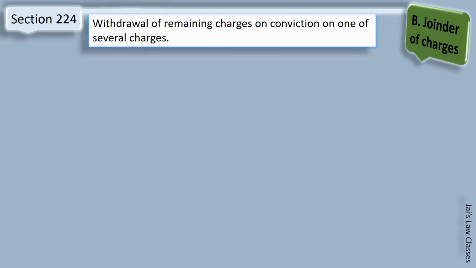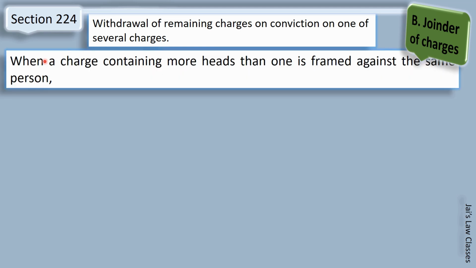Section 224. Withdrawal of remaining charges on conviction on one of several charges. Section 224 informs us when a charge containing more heads than one is framed against the same person.